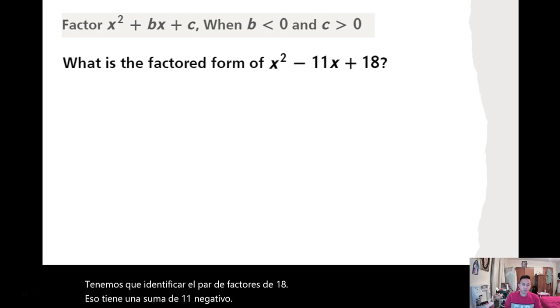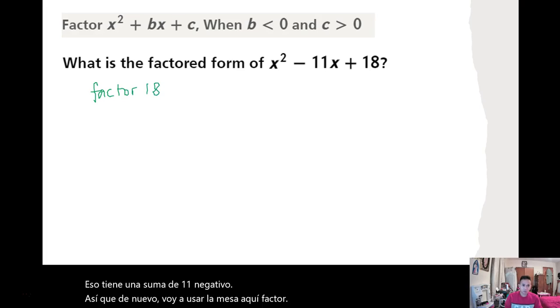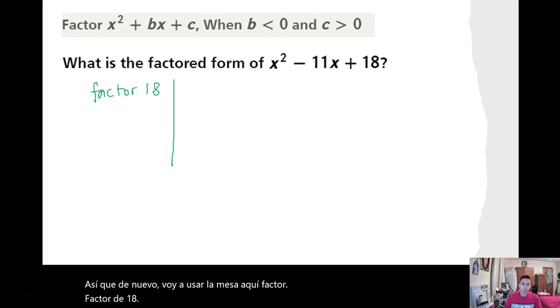So again, I'm going to use a table here. Factor of 18, and then sum of the factors.